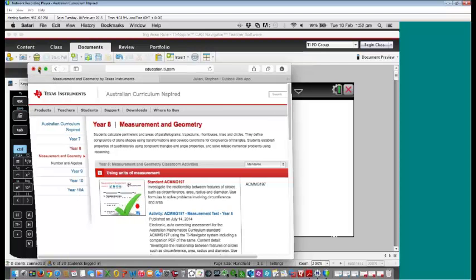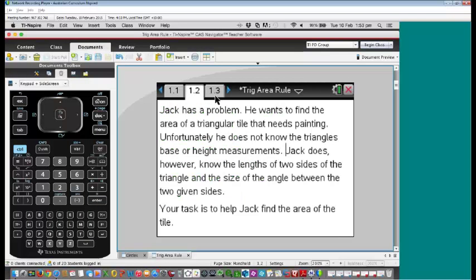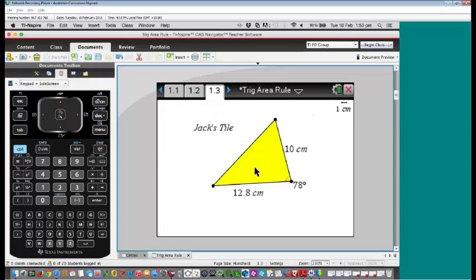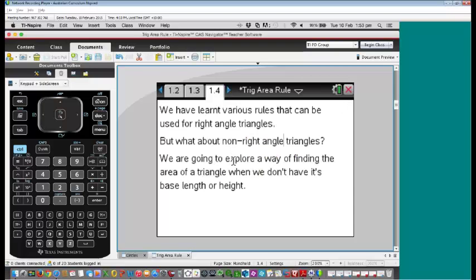So the idea, and I'll take you through this very quickly because I know we have limited time, is that Jack has a problem about trying to find the area of a tile. So we can see that Jack's got his tile. It gives you the information already. It talks about how we've learnt already about half base times height, but what about non-right angle triangles?